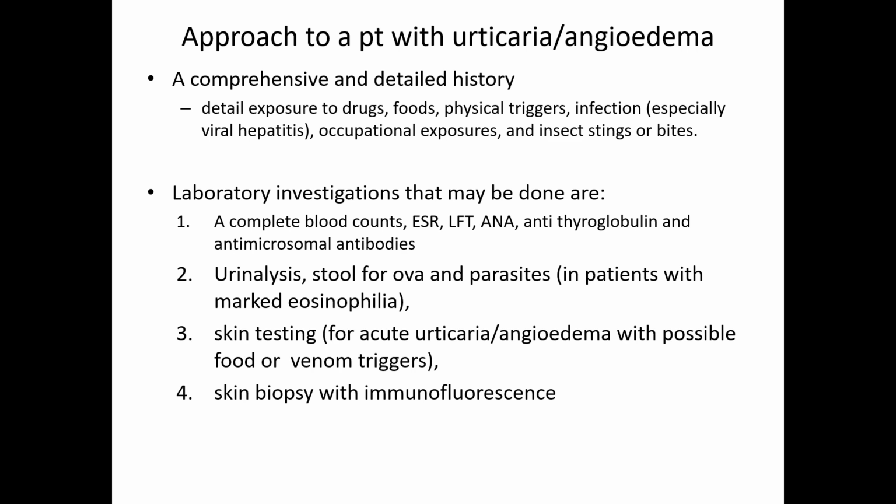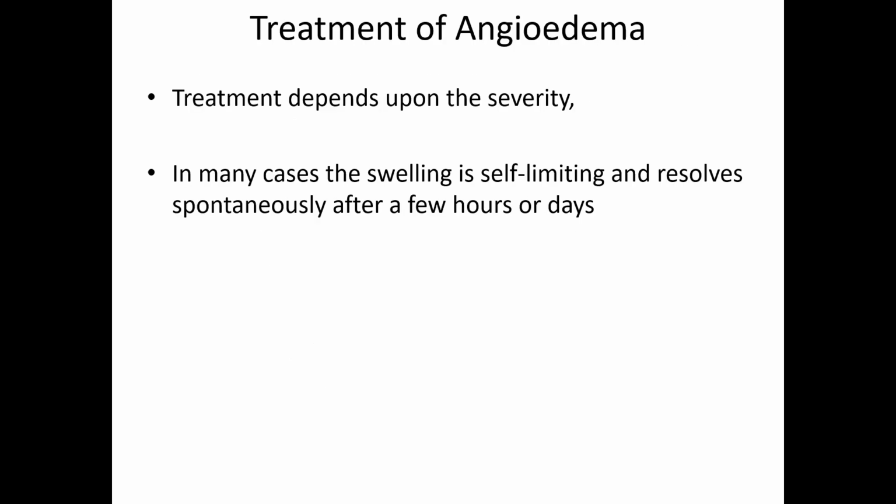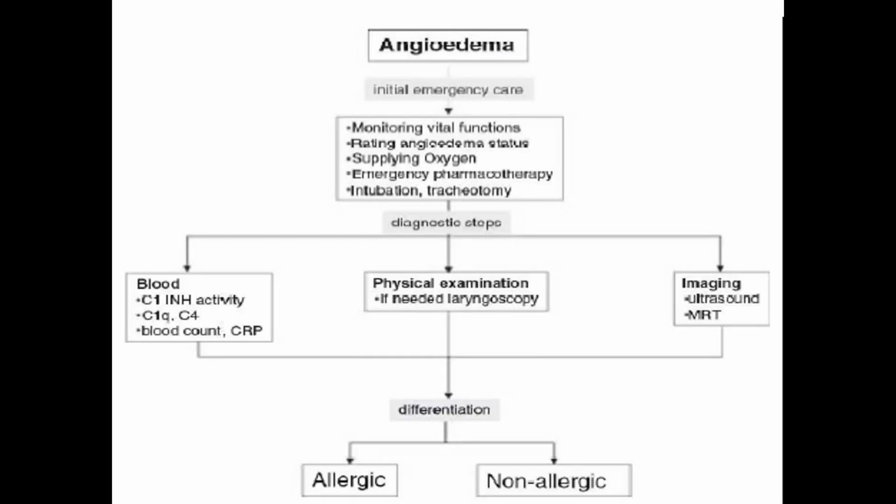Skin testing may be done. Skin biopsy is not necessary but one can go for immunofluorescence. Treatment depends on the severity. In many cases, the swelling is self-limiting and resolves spontaneously after a few hours or days. So this is the algorithm of how we will treat.